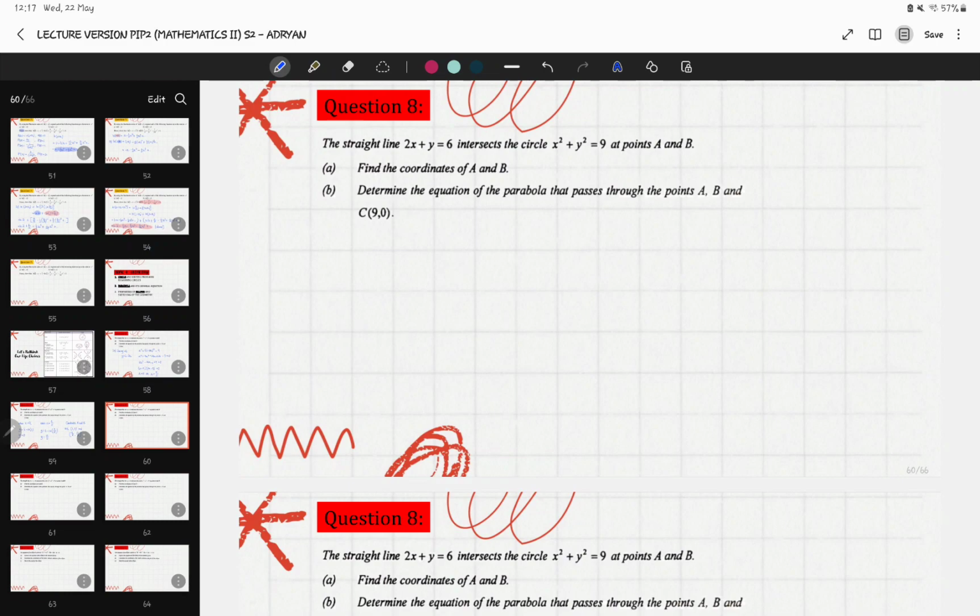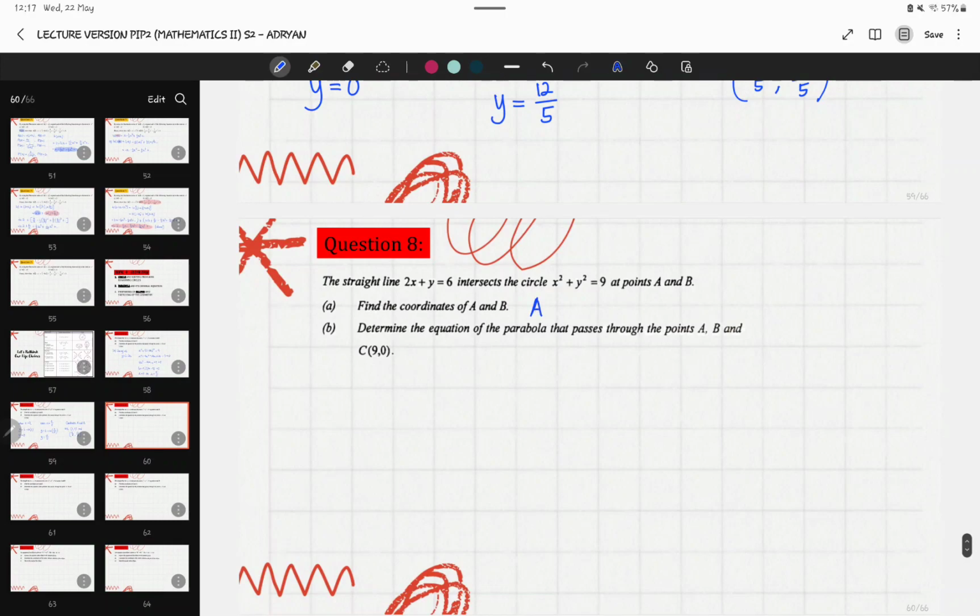So how do we identify whether the parabola opens upwards, downwards, to the left or to the right? Because the shape of the parabola will affect the answer that we will be solving for later on. Okay, so let's try to do a simple sketch.